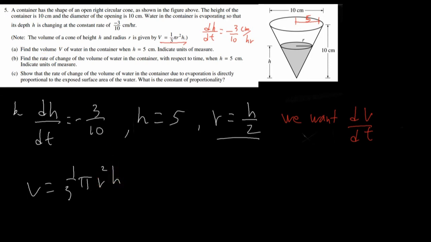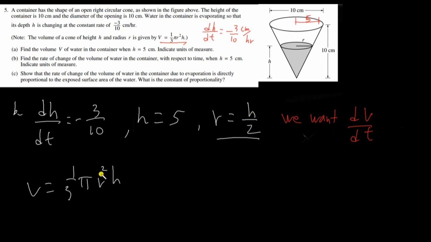So we need to replace one of these with the other variable, and therefore we need to find a way to relate the radius and the height. That's where the other equation comes in, where r is equal to h over 2.